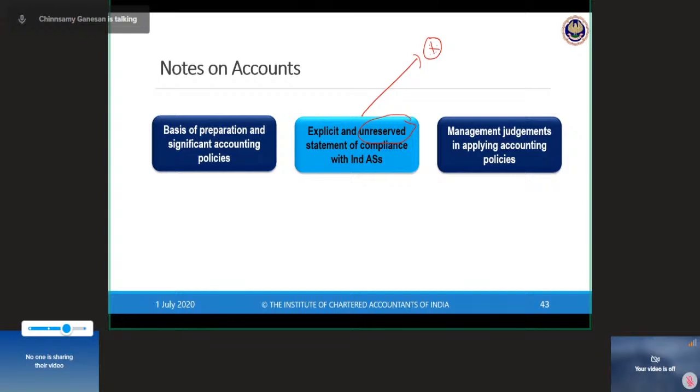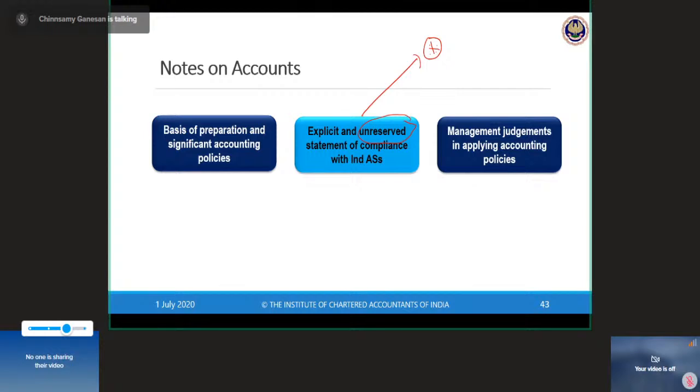And interestingly, to understand the financial statement, the user of the financial statement has to understand what all the judgments involved in applying certain accounting policies are. For example, I make a judgment that the economic useful life of property, plant and equipment is 50 years. On what basis do I make the judgment?